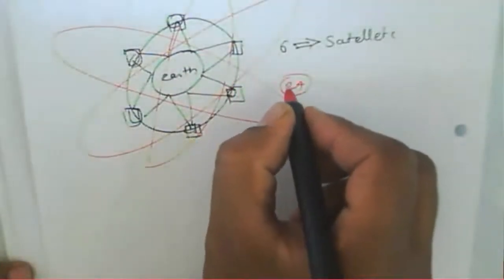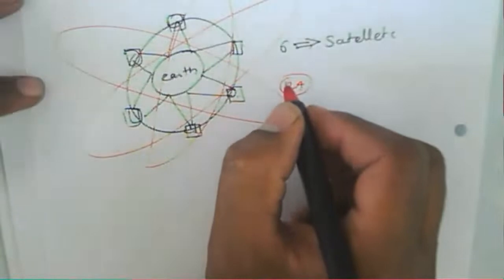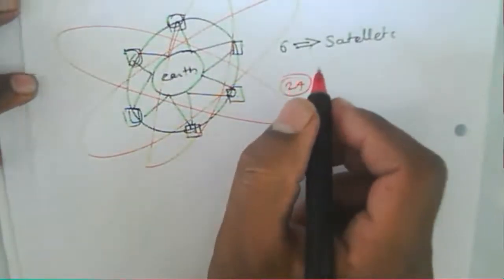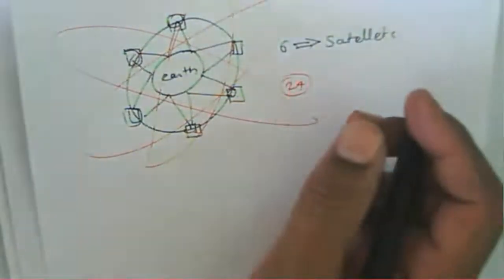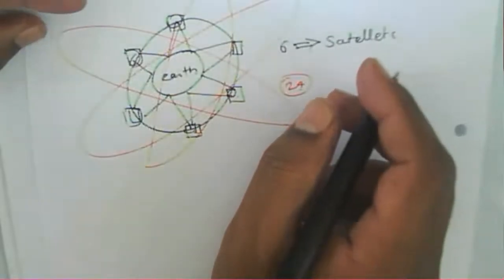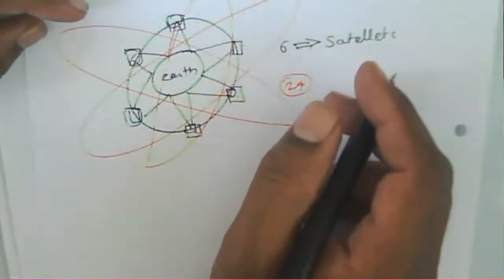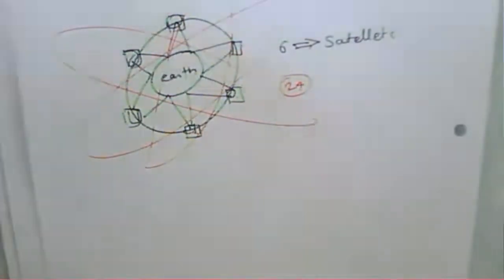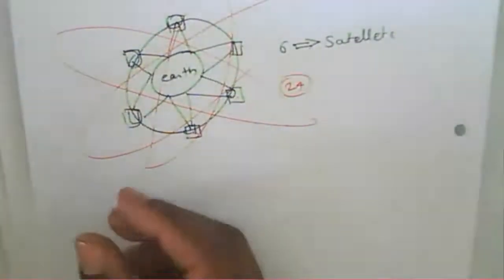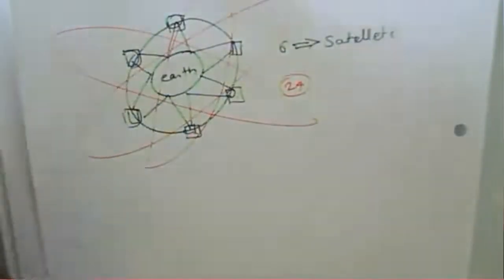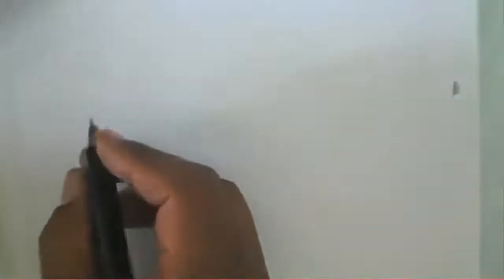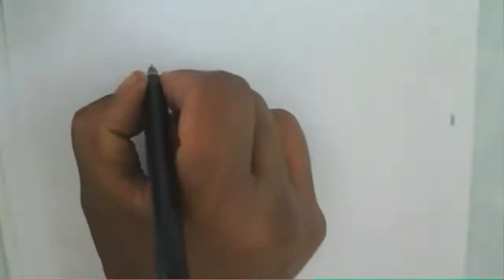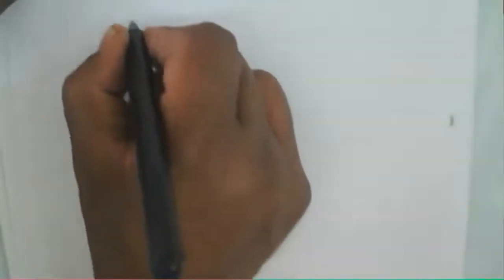Different companies have launched satellites in space, and Globalstar has launched 48 satellites in space to cover the whole Earth.